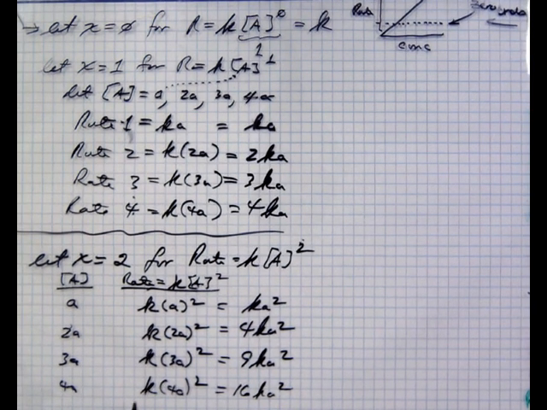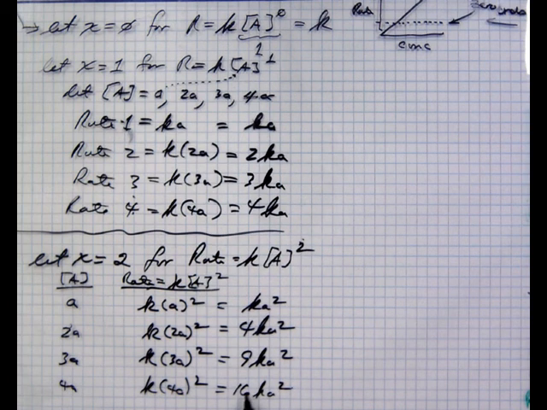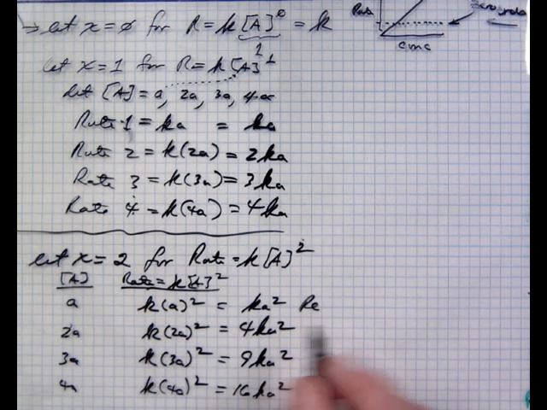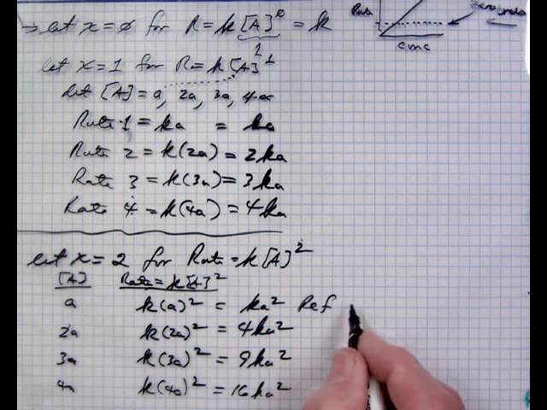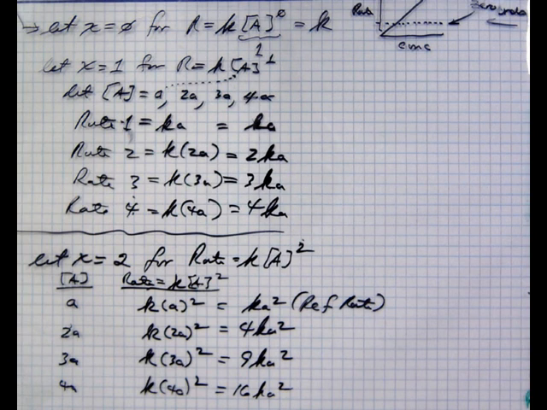So if you increase the concentration by 4 times and ran the reaction, you would see a 16 times increase in rate as compared to the reference. The reference rate is always the first one out of the box.